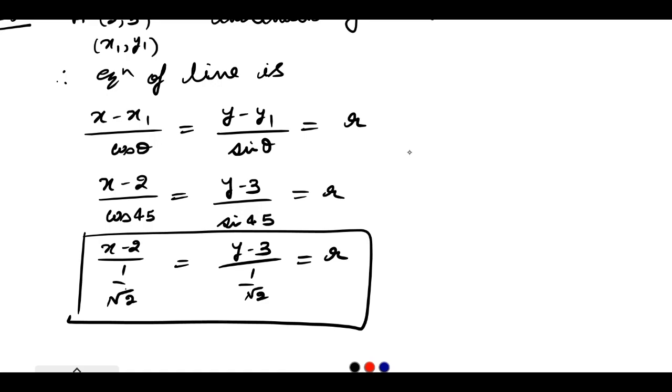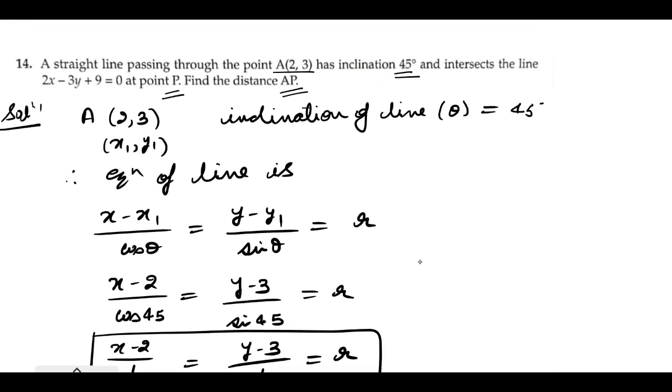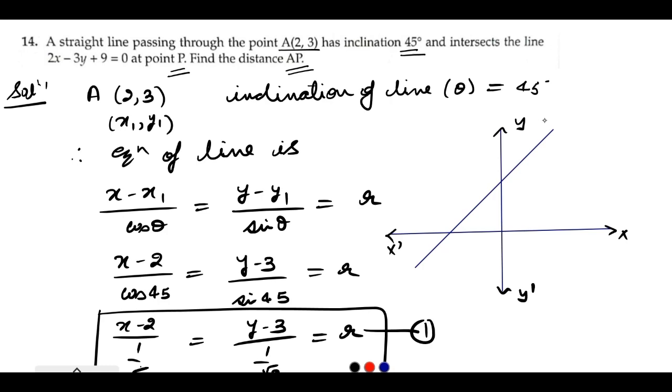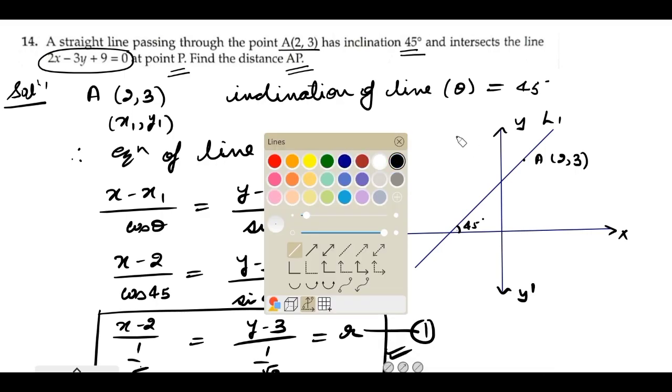Now a condition is given in the question. This is line L1 whose equation is this. 2 comma 3 lies on it and its inclination is 45 degree. Another line is given in the question. Suppose this line is this.